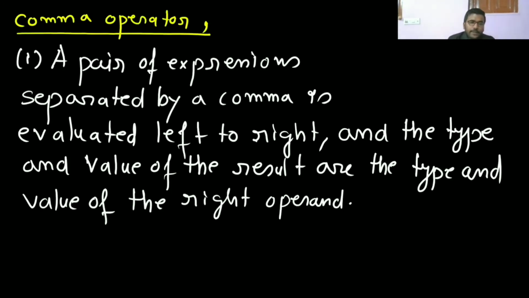Example. See, in the C programming language, comma acts as both a separator as well as an operator.